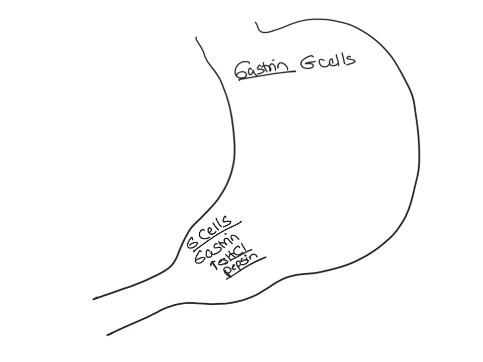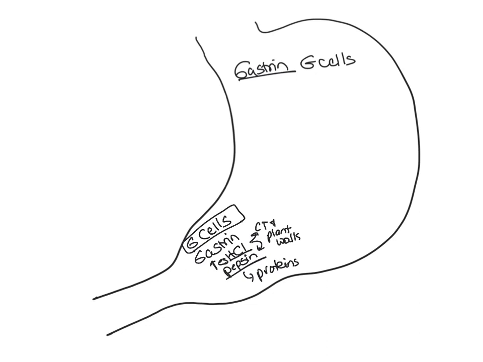Now pepsin's main job is to break down proteins into little amino acids, and hydrochloric acid is going to activate that pepsin, and it's also going to break down the connective tissue and the plant walls. Right, so we've got some really good digestion going on down here by the action of the G cells.